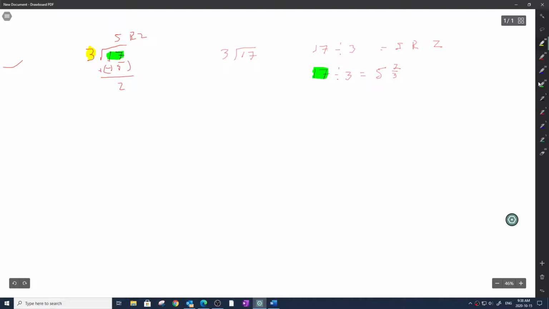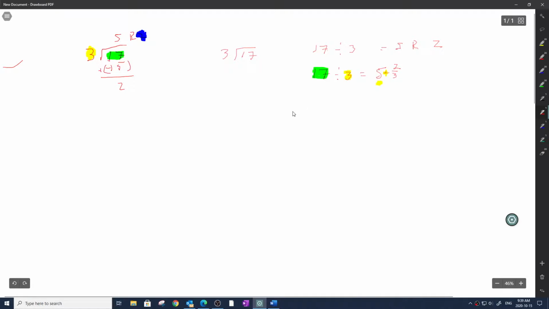And my quotient, now I'm running out of colors. Yikes, I'm going to switch to blue. My remainder is here, 2. Right? And look what's happening here. So 17 divided by my divisor is equal to my quotient, plus, we can put a plus sign there and it's the same, my remainder over my divisor.